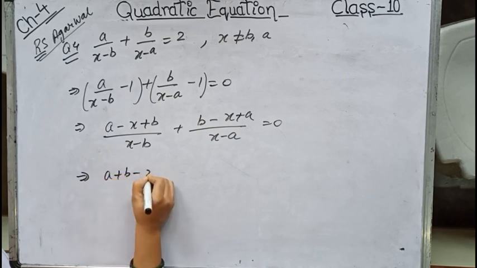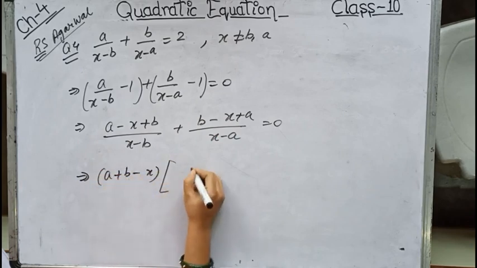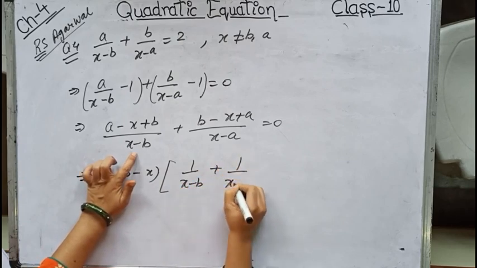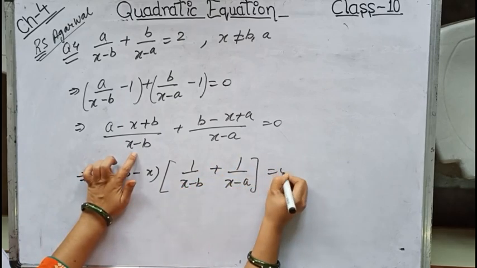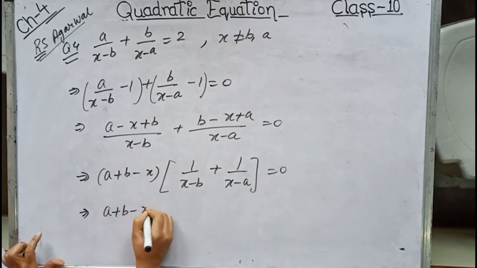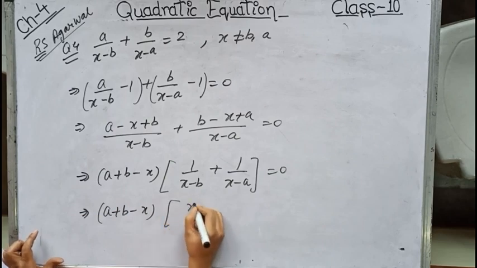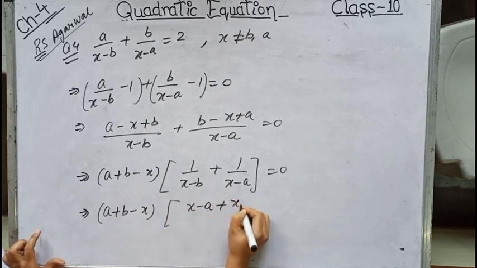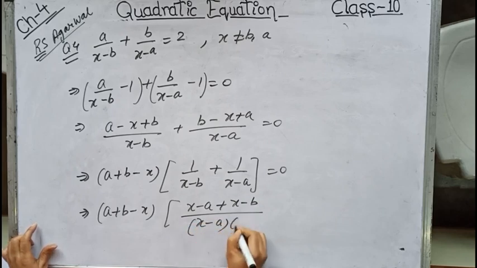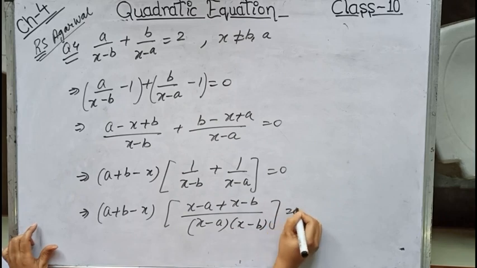What is left? 1 by (x minus b), and over here 1 by (x minus a). This equals 0. Now this implies (a plus b minus x) times ((x minus a) plus (x minus b)) by ((x minus a)(x minus b)) equals 0.